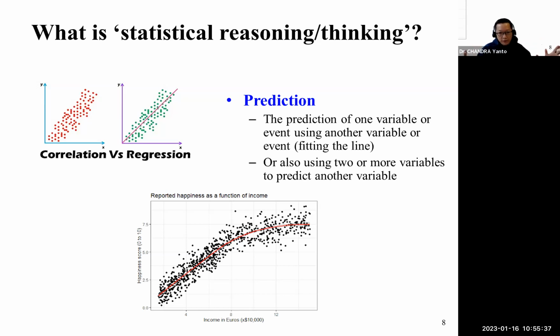So you conduct a large-scale survey, you get tens of thousands or hundreds of thousands of people to fill in your survey, and each black dot there is each person. You ask them, how much is your salary? There are some people who earn over $14,000 or $15,000, very high there, and they're also very happy. And there are people down at the bottom there who earn maybe less than 2,000 euros, and they're very unhappy.